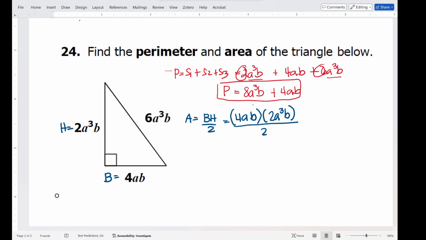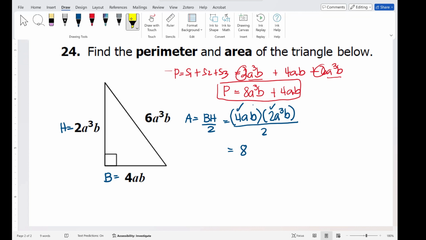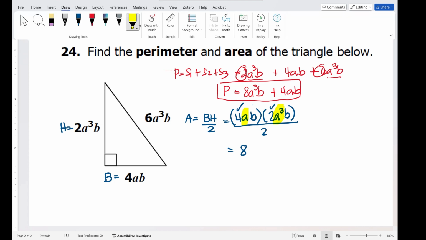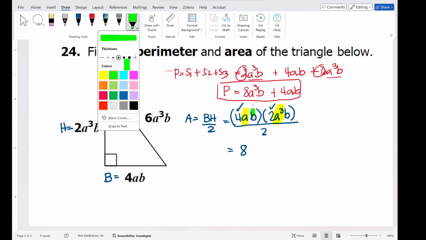Now, same rules, okay? Multiply the coefficients. I'm going to multiply 4 times 2. That's going to be 8. And I'm going to combine these two. Combining those means you're going to apply the law of exponents, okay?